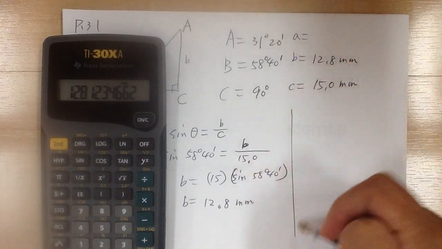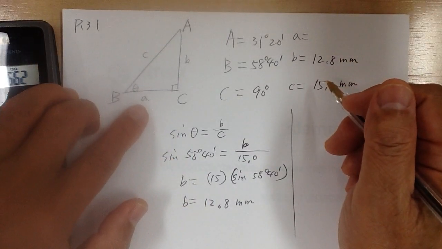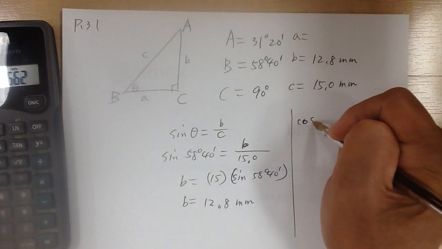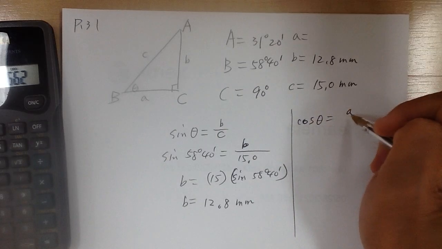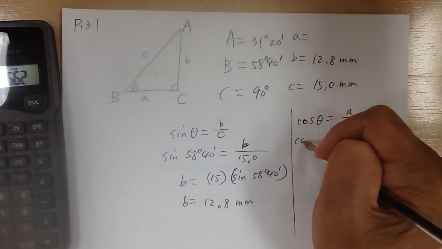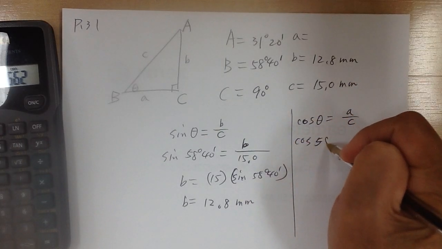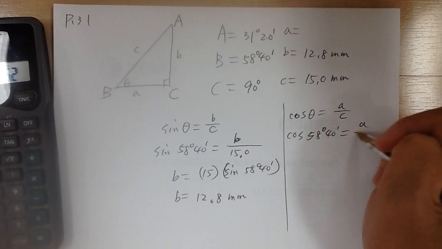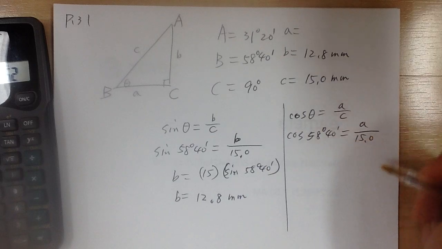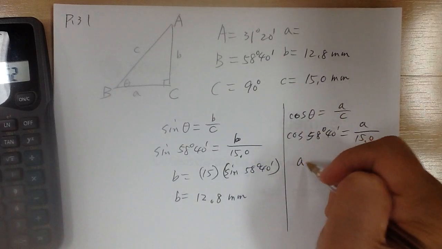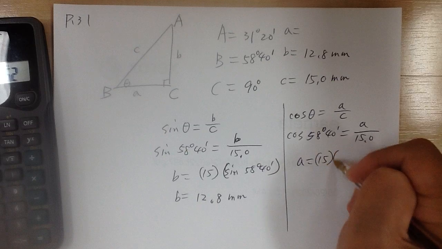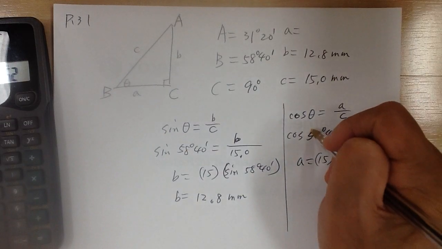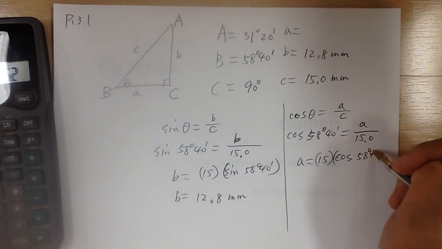Now to find A, I need to use a cosine. So cosine theta equal to A over C. Cosine of 58 degrees 40 minutes equal to A over 15.0. So you can cross multiply. A equal to 15 times cosine of 58 degrees, 40 minutes.